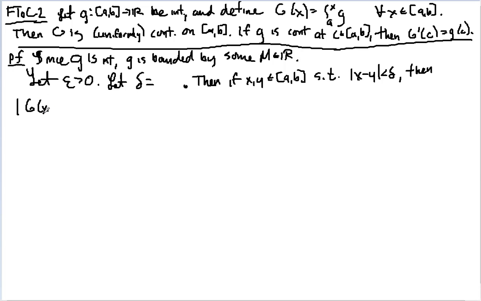I have |G of x minus G of y|. I'm going to need to prove that this thing is less than epsilon. But let's unravel the definition.